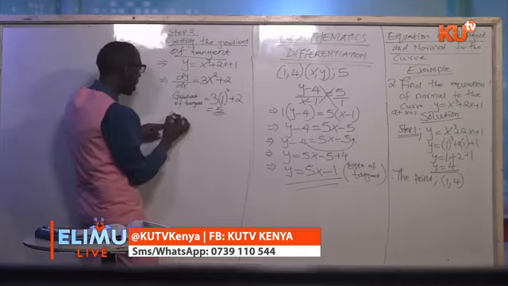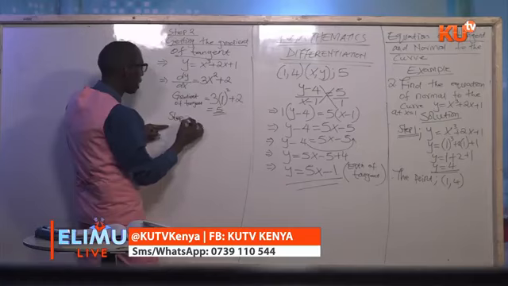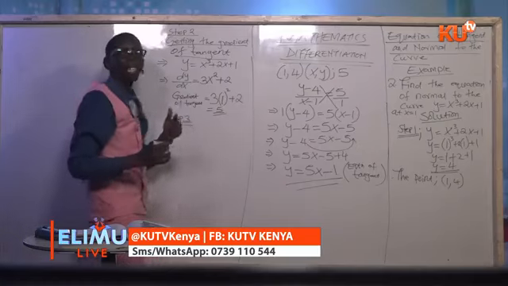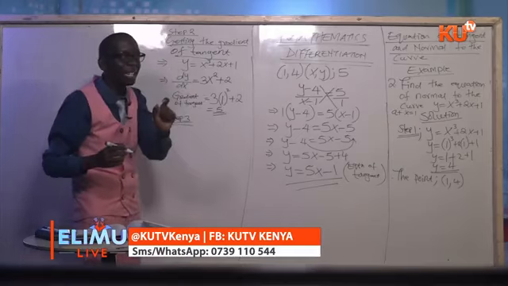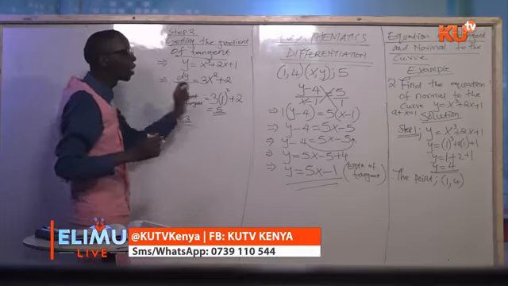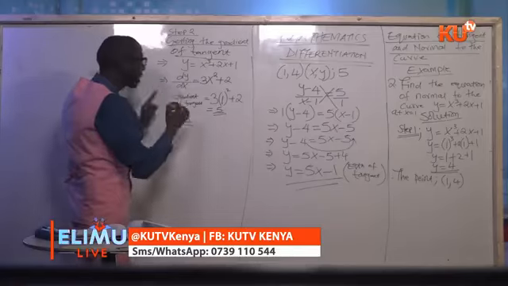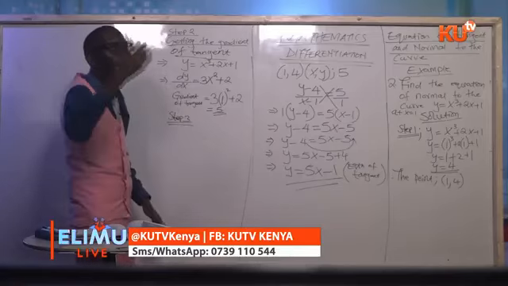Now step 3 will be getting the gradient of the normal. This is the gradient of the tangent. Now we need to get the gradient of the normal, which acts as perpendicular to the tangent.